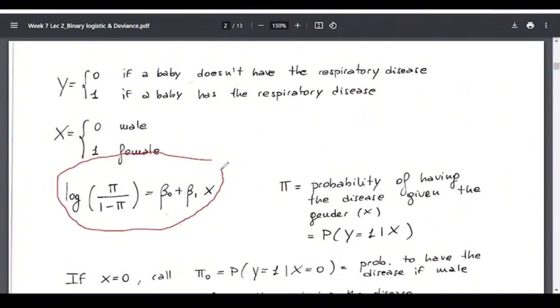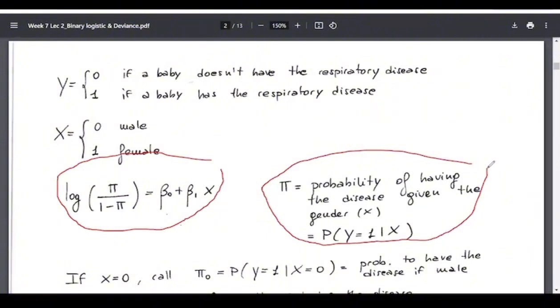Does that make sense? Because the error, can you see the error? Error is not going to be there. Error equal to 0 because expected value of error equal to 0. So when you take a look at this now, we can actually interpret pi here as the probability of having the disease, given the gender.